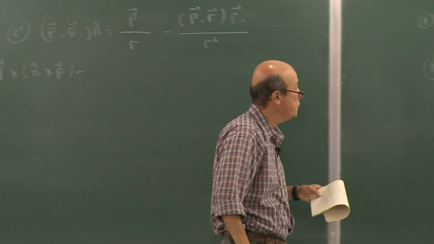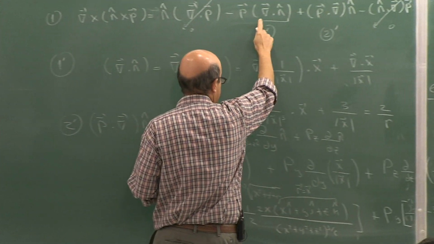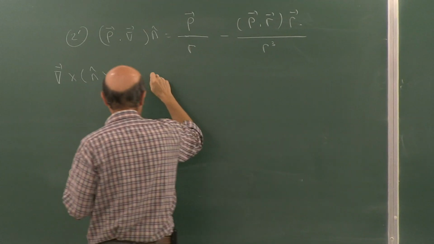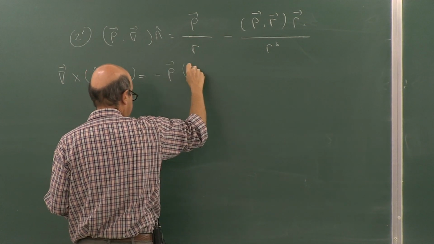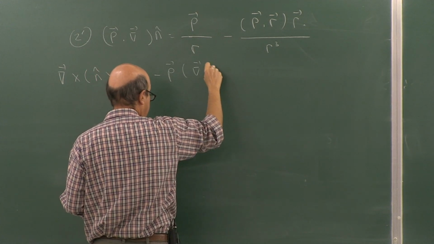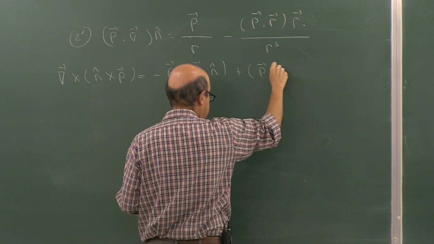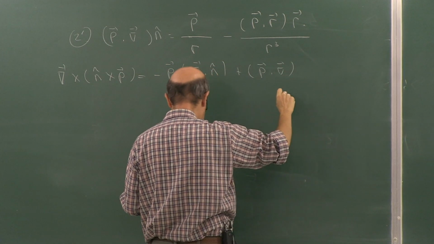And we reduce this calculation to two terms, that is minus p divergence of n plus p dot gradient along n.